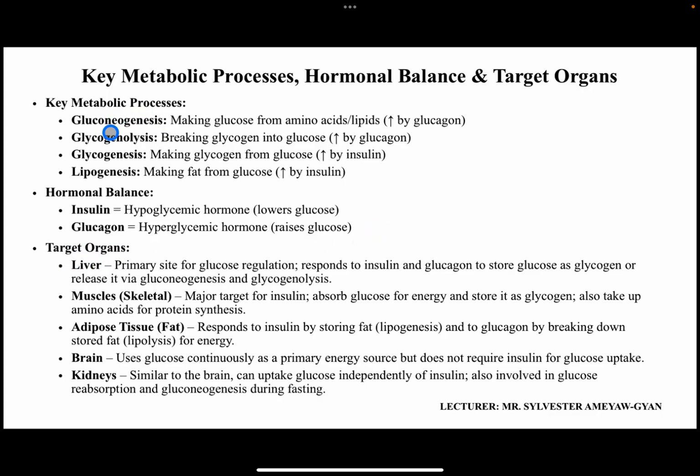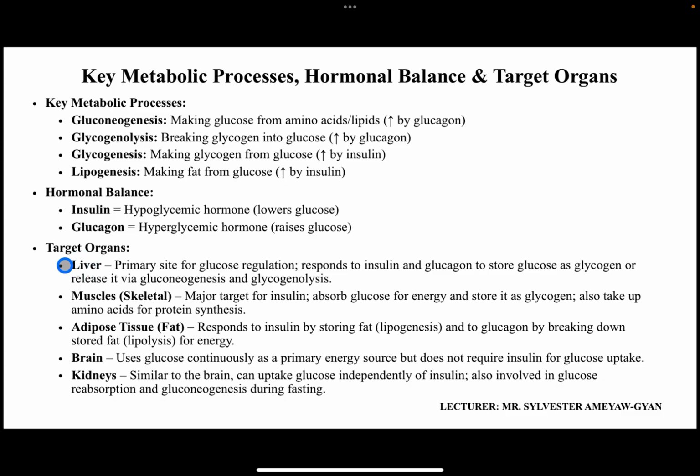And now these are the target organs for these hormones, insulin and glucagon. It acts on the liver. During glycogenesis, insulin acts on the liver so that it converts excess glucose back into glycogen to be stored in the liver.